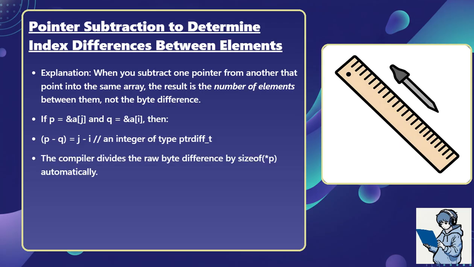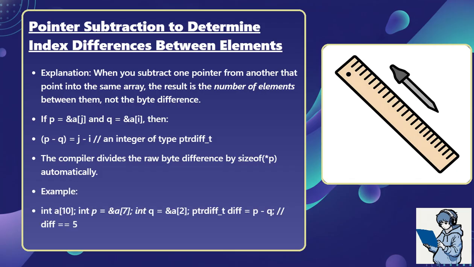The compiler divides the raw byte difference by sizeof *p automatically. Example: int a[10]; int *p = &a[7]; int *q = &a[2]; ptrdiff_t diff = p - q; diff equals 5.